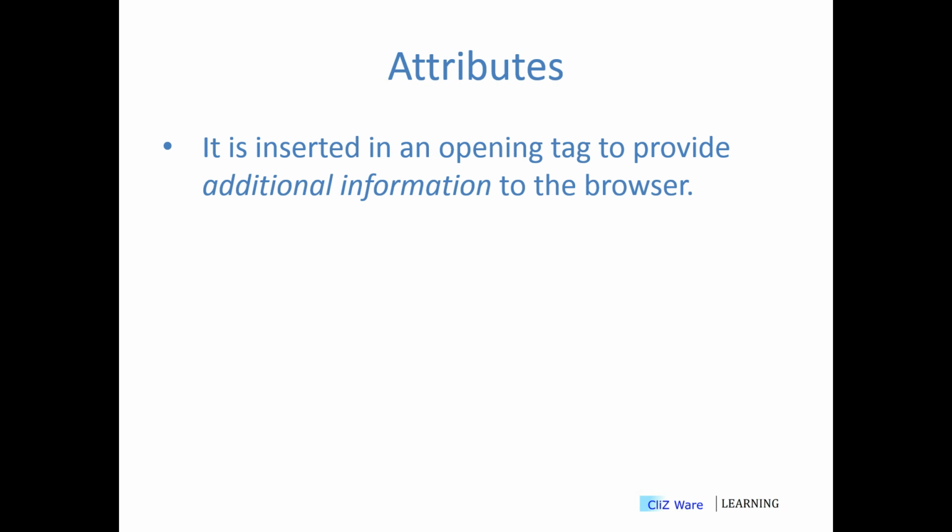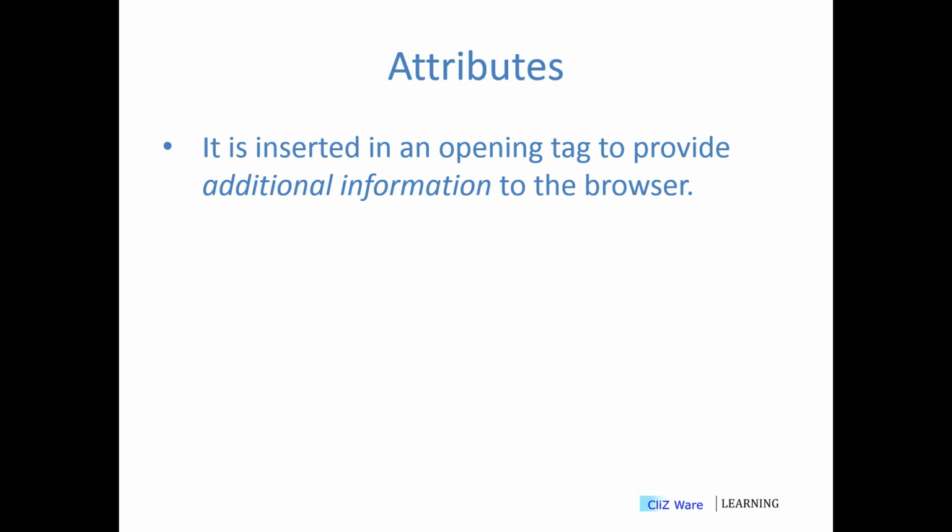Tags can also contain attributes, and attributes are used to insert some additional information so that the browser might display this in a different way, to make some tags different from each other.